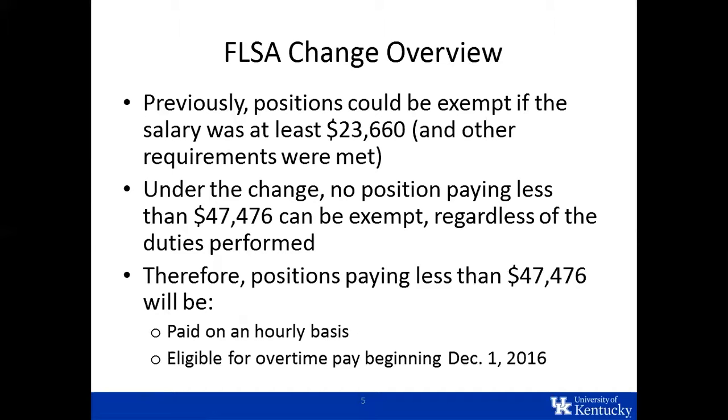This looks at the job duties being performed by a position, and specific positions and responsibilities are necessary in order for a position to be classified as exempt. The second is how much salary that position would be able to pay. In the past, the minimum threshold was $23,660. Now, nothing has changed with the job duty evaluation.